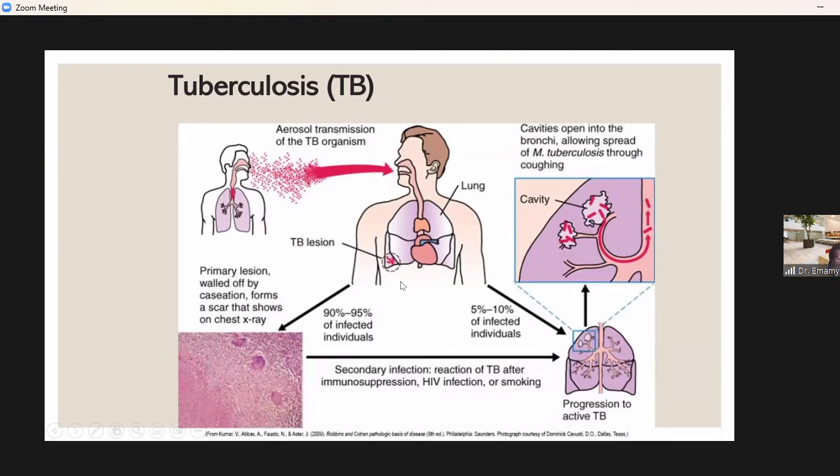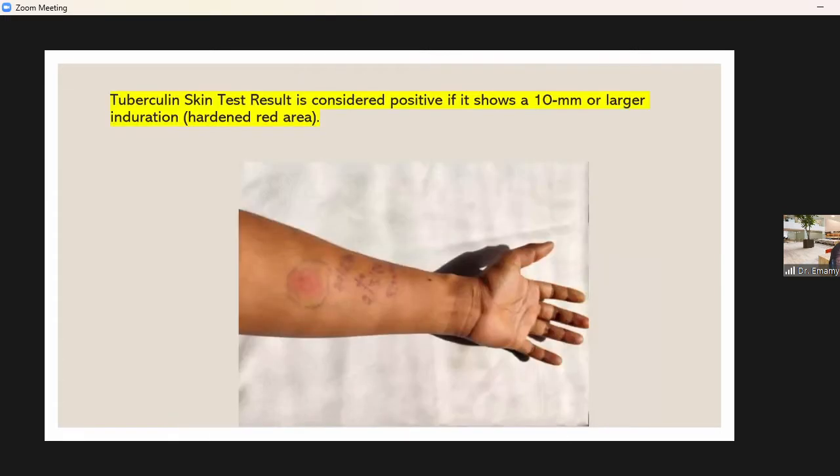So when you want to work as a healthcare professional, or in a daycare center, you need to have a tuberculin skin test. How do you check if a patient has localized and limited tuberculosis or not? You inject an intradermal tuberculin skin test and read it after 48 or 72 hours.